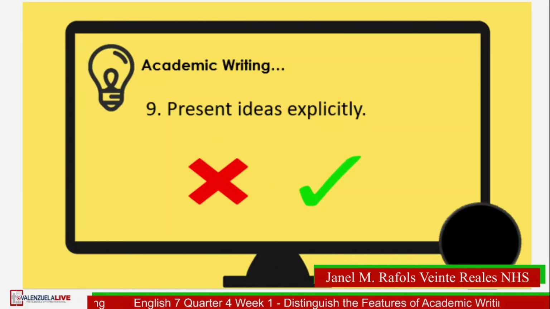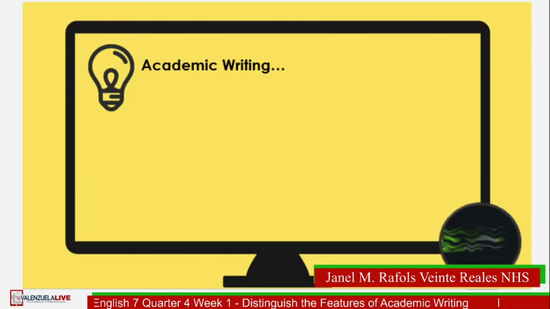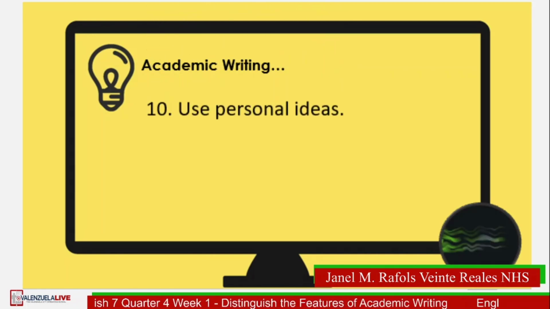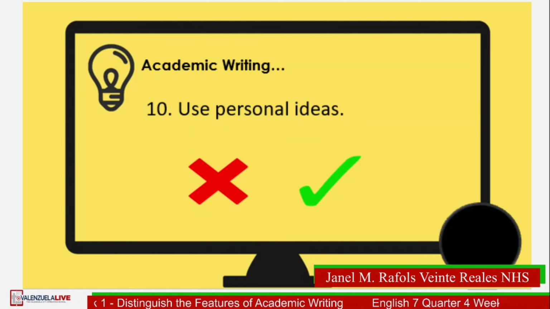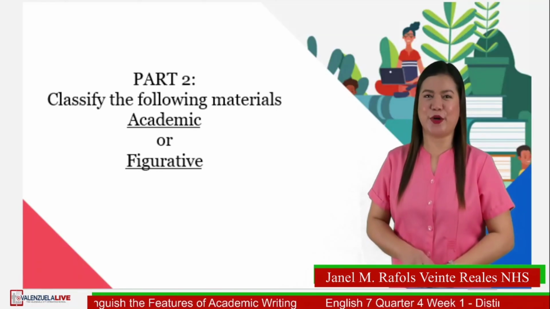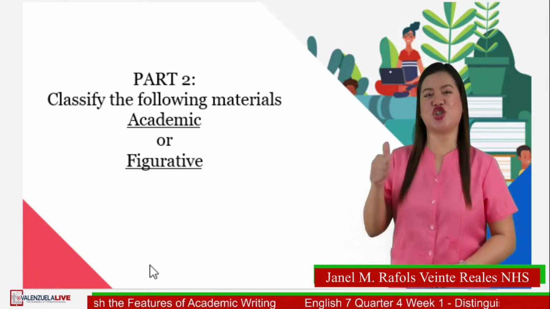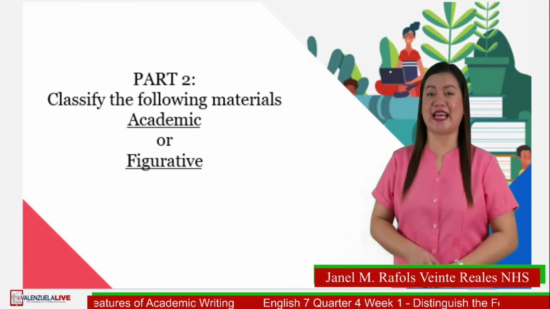The answer is check. And for our last number, use personal ideas. The answer here is cross. Did you get the perfect score? Great job, everyone! This time, let's have the next part.